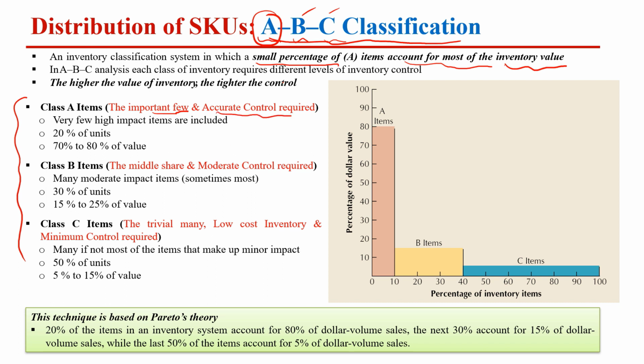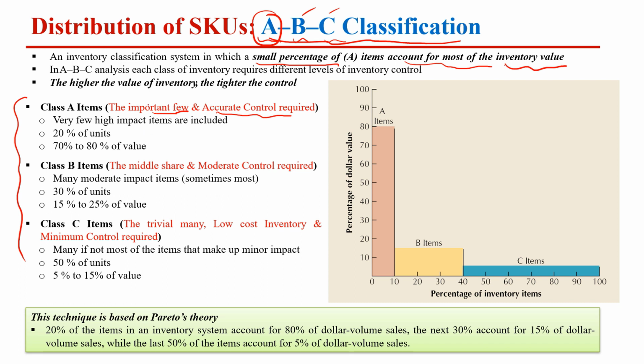Because they have a high dollar value, if there is wastage or spoilage on those products, we are going to lose a high amount. That's why we need accurate control on those particular products.